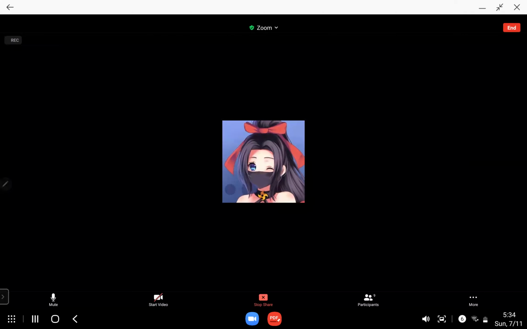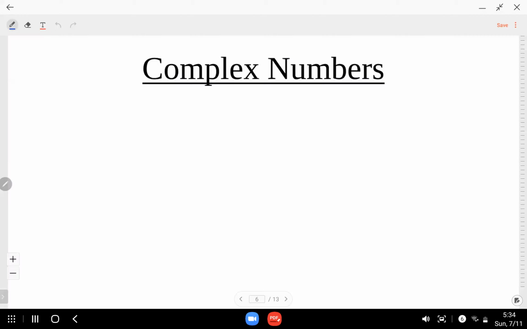So i equals the square root of negative 1. And we all know that we can't take the square root of negative 1, so that's why it's an imaginary number. i is an imaginary number in a complex number.